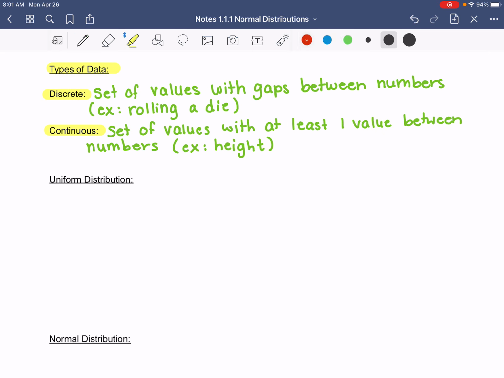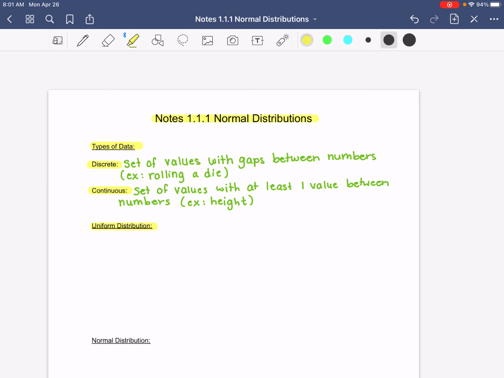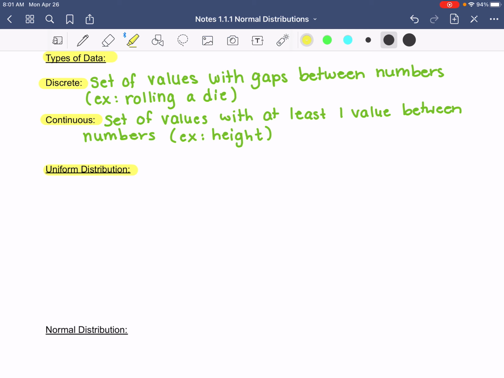Okay, so the first thing we're going to talk about is the uniform distribution. I know our notes are titled normal distribution, so there's the normal distribution and there's the uniform distribution.